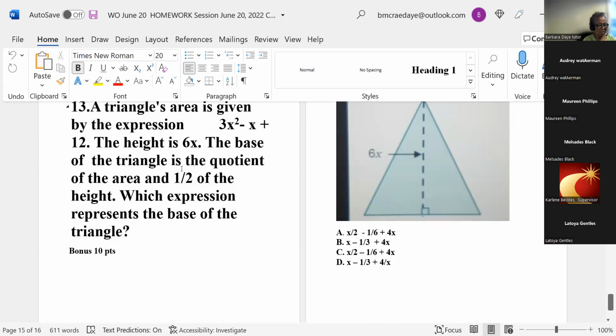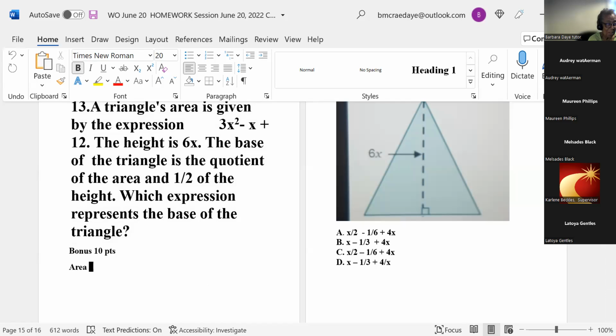Divide the base by the... I said B equals 3x squared minus x plus 12 over 6. Okay, wait. Latoya, you gotta read the problem.